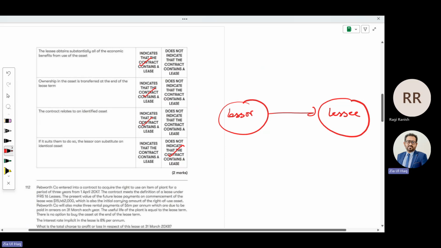Temporary replacement is considered a lease, but permanent replacement of the asset will not be considered a lease.